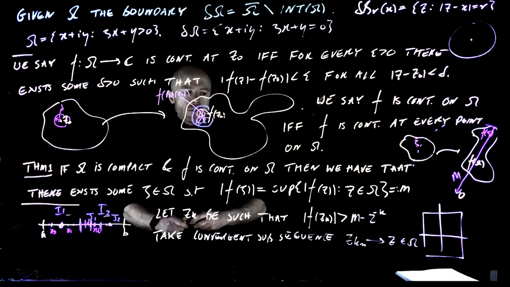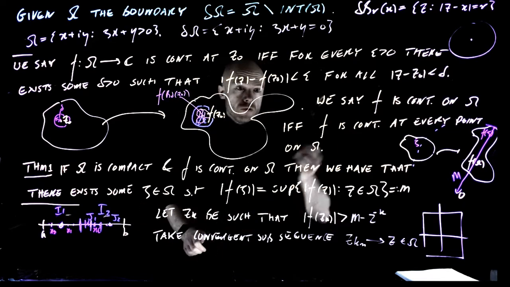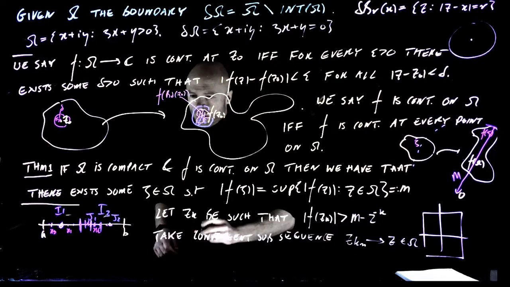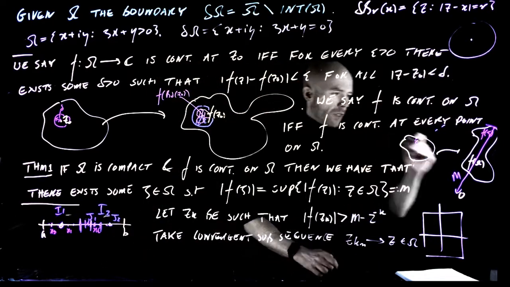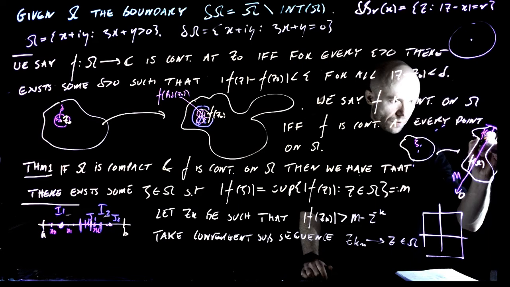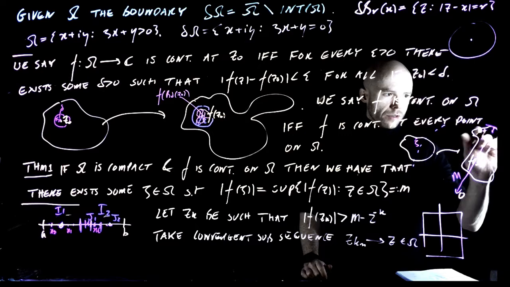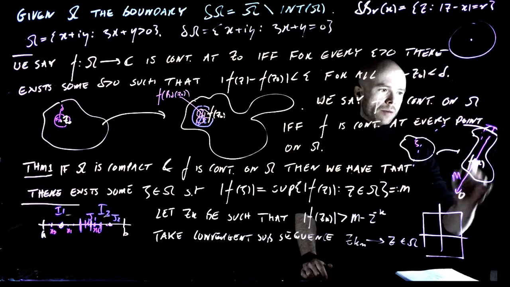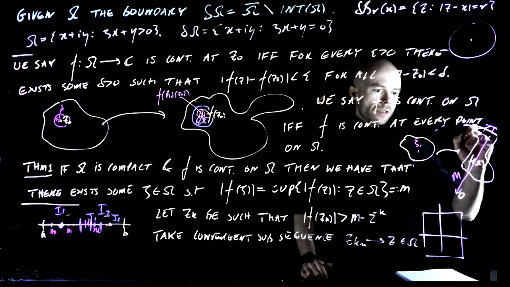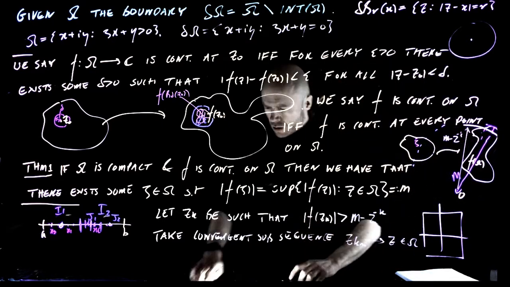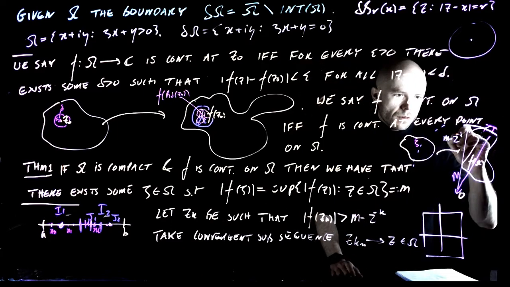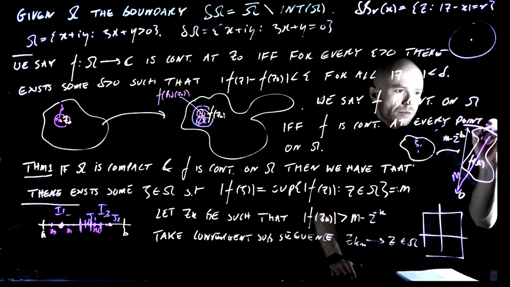Yeah? And then what? Well, if we visualize this, I'll put it over here. So we have our guys here, and this thing is m, and they keep getting closer and closer to the outside of this ball of radius m. So if this thing here is m minus 2 to the minus kn, then we have some zk outside here.